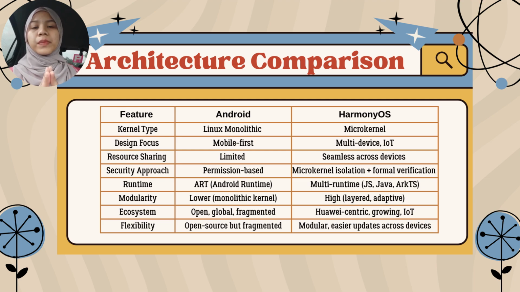For security, Android uses permission-based control, whereas HarmonyOS applies microkernel isolation and formal verification. Android runs apps using the Android runtime, while HarmonyOS supports multiple runtimes such as Java and JavaScript.